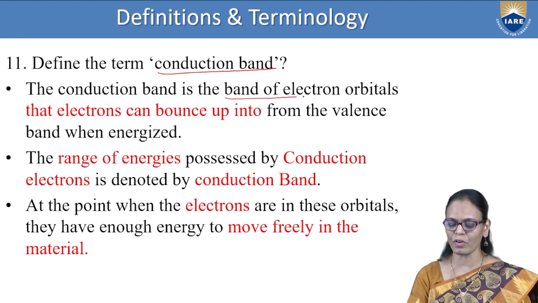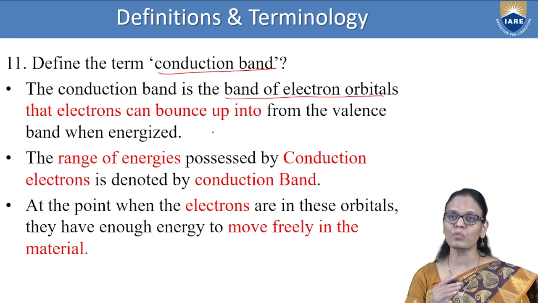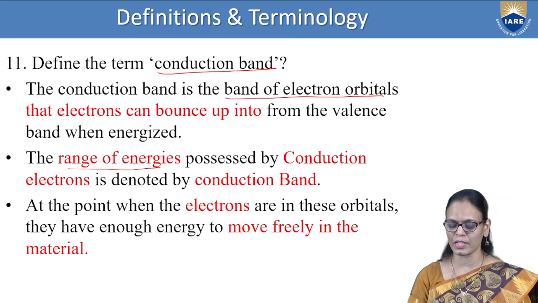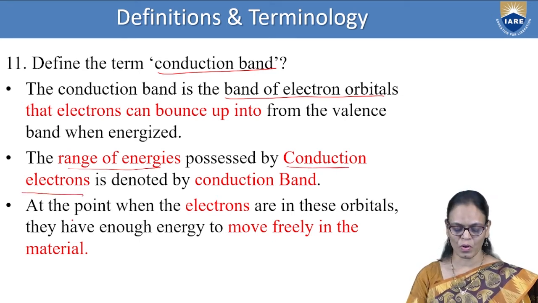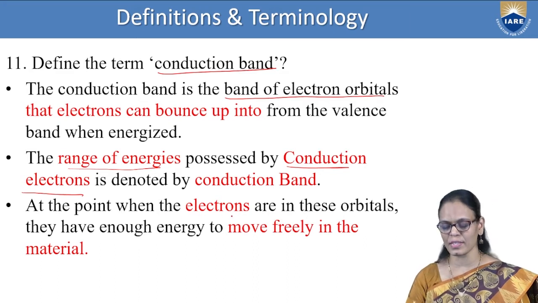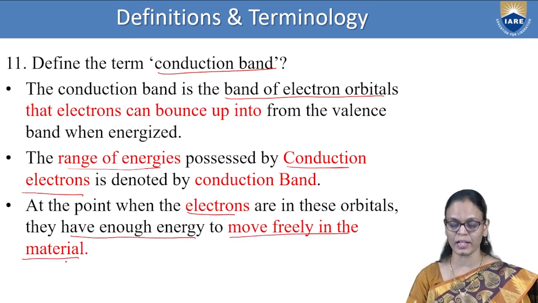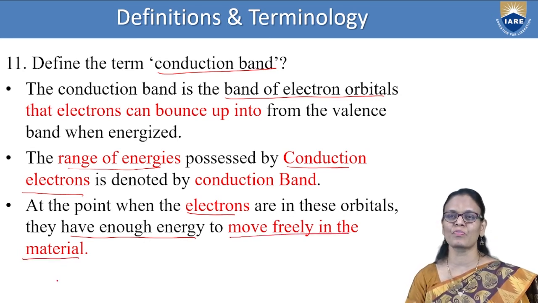So it is the range of energies possessed by the conduction electrons. At the point when the electrons are in these orbitals, they have enough energy to move freely in the material. That is why we are calling them free electrons or conduction electrons.